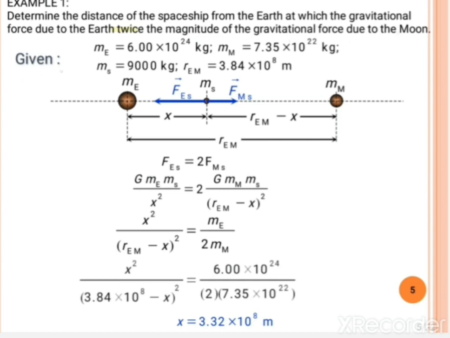Given mass of Earth is 6 times 10 power of 24 kilogram, mass of Moon is 7.35 times 10 power 22 kilogram, mass of spaceship is 9,000 kilogram, and distance between Earth and Moon is 3.84 times 10 power of 8 meter. This is the illustration.